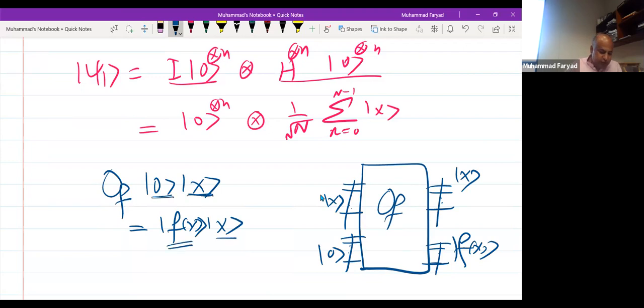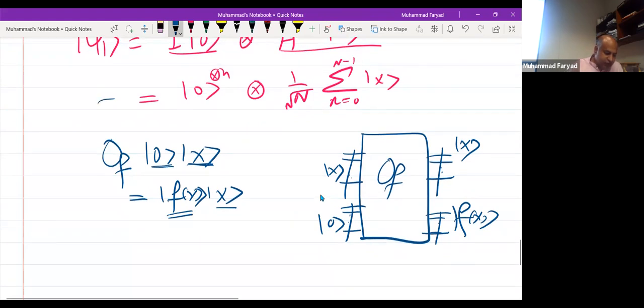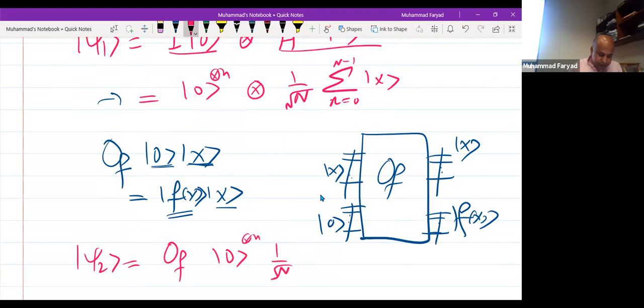So let's now apply this oracle to this state, and we get the state psi 2 by applying this oracle, sum over x.